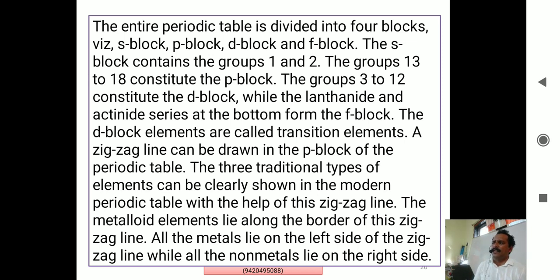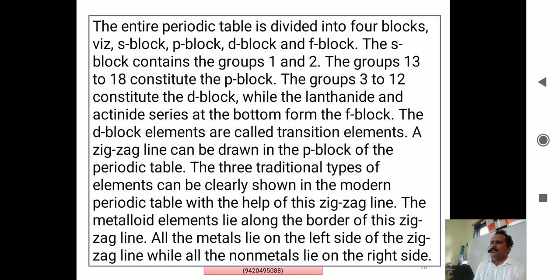In the P block, the elements of groups 13 to 18 are placed. In the D block are groups 3 to 12, and the 2 series, the lanthanide series and actinide series, are called the F block elements.